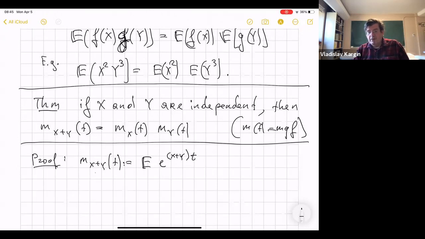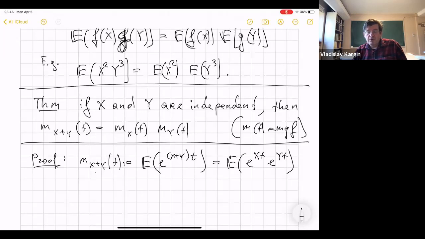And after that, we use the properties of the exponential: this is the exponential of the sum xt plus yt, so this is the expectation of e to the xt multiplied by e to the yt.